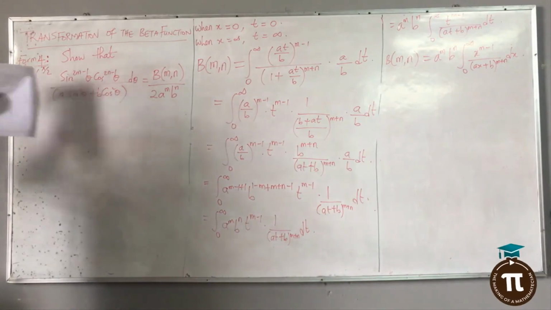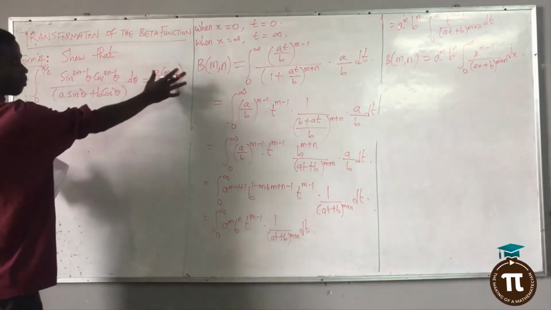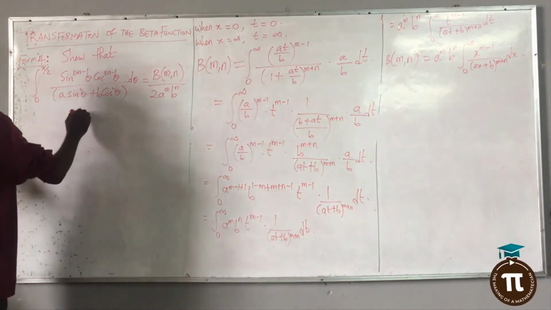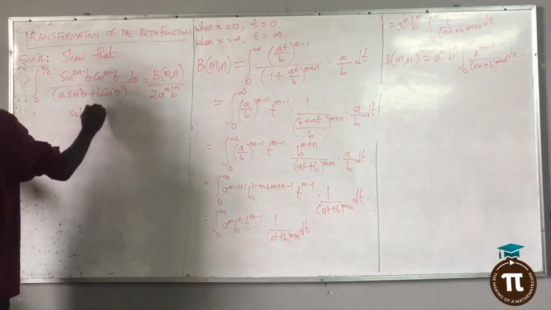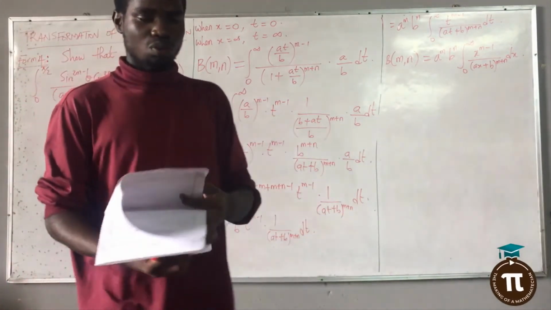Or I can bring this 2 a raised to the power m b raised to the power n to this side so that it will just be beta of m comma n. So that is what we want to do. This is the next form we want to prove.